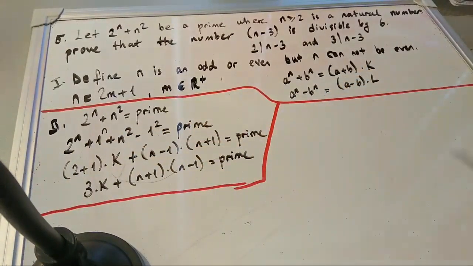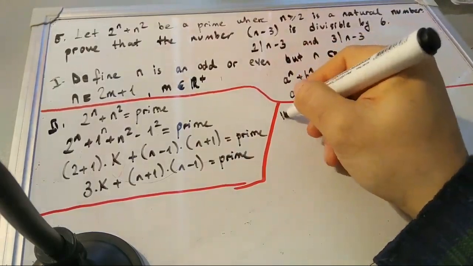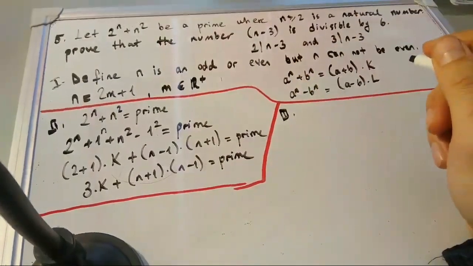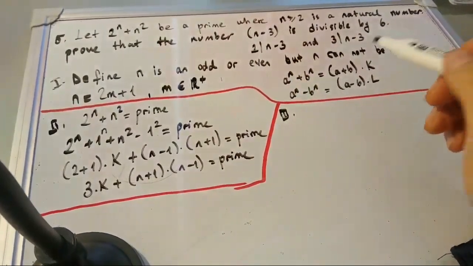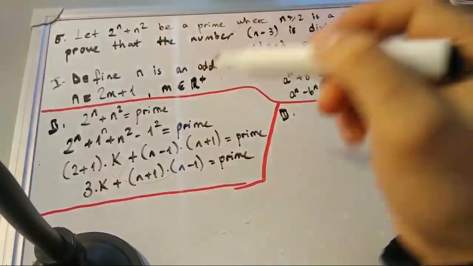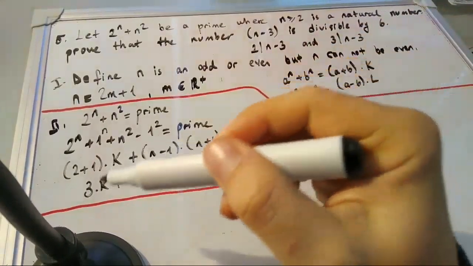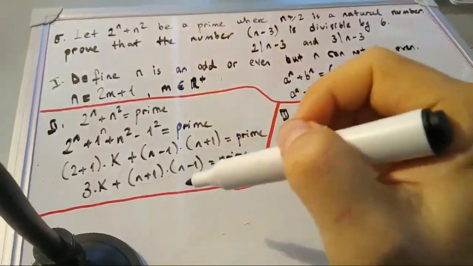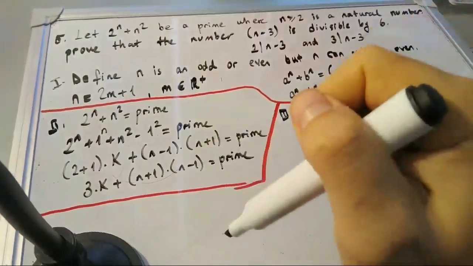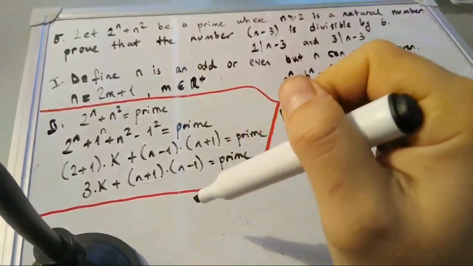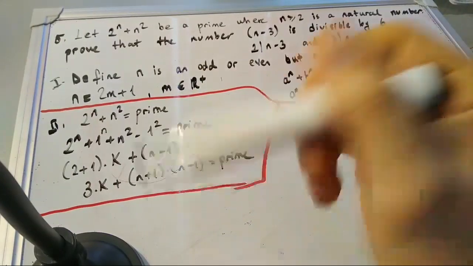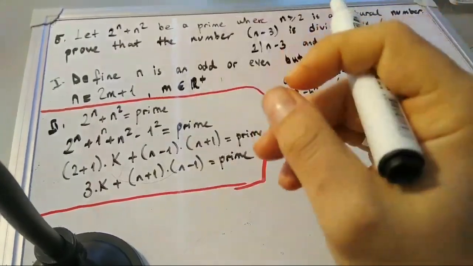And the third part, tell me, 3 times k plus n plus 1 times n minus 1 is a prime. Can n plus 1 times n minus 1 be divisible by 3 or not?